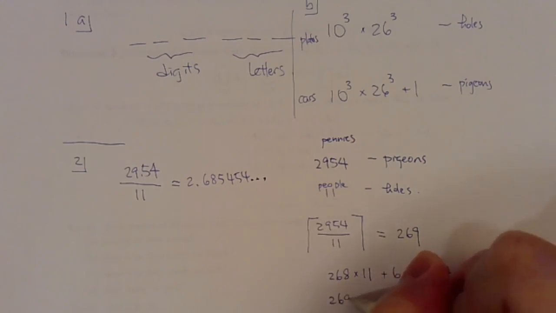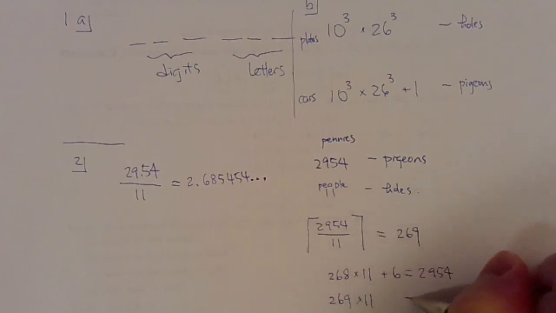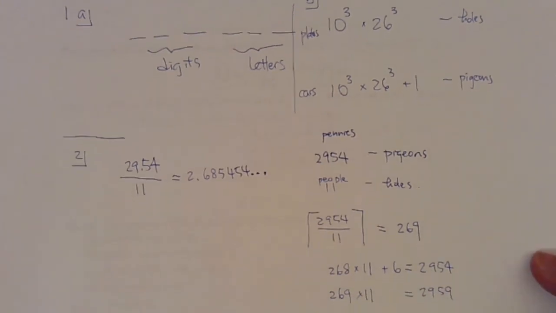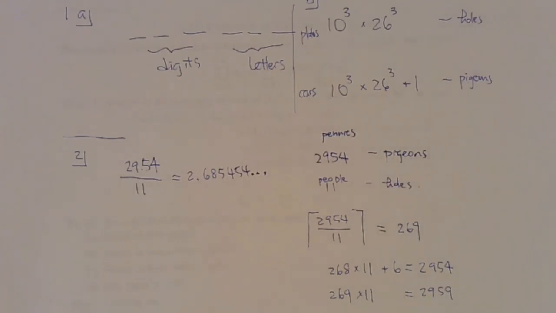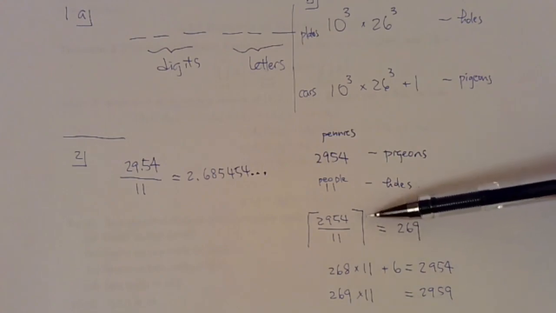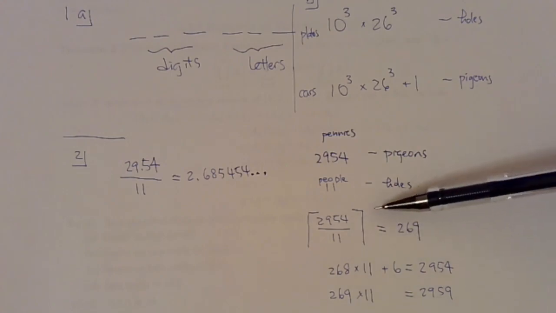On the other hand, if everybody contributed 269 pennies, that would be 2,959, and that exceeds our number. And so that would be okay. If everybody contributed 269 pennies, then we would have more than enough. Yeah, and then we can ask some of them to take a penny back or so.